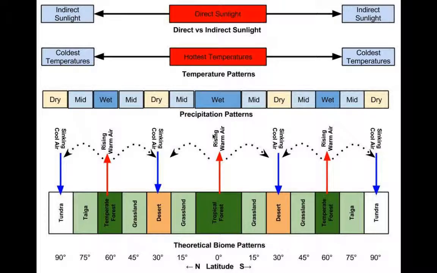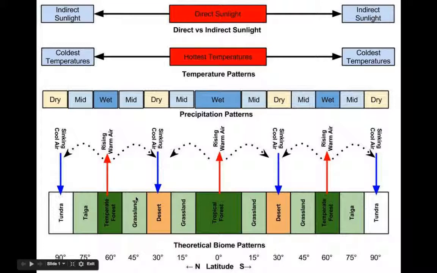And the main reason for that is, they don't have enough water to grow large trees in any of these grassland areas. They have enough water to support grasses, which don't need as much water, hence the term grassland. So in these in-between areas where the air is rising and sinking, you're really going to see most of your grassland type biomes, or your biomes that have plants that can survive with a medium amount of water.